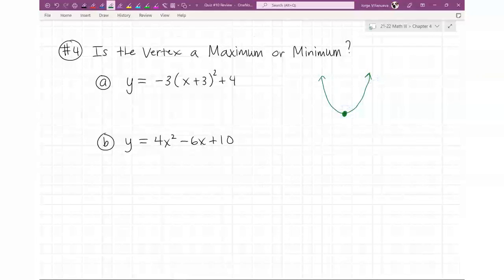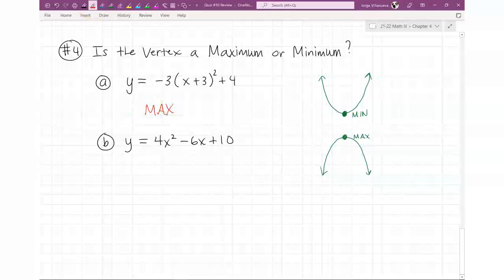But if it opens down, the vertex is at the very top. So this would be a max, and this would be a min. So all you have to figure out is which way it opens. For part A, it opens down, so that means the vertex is a maximum. So I'm just going to write max.